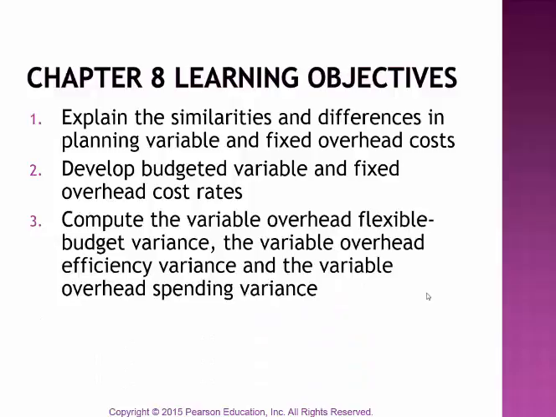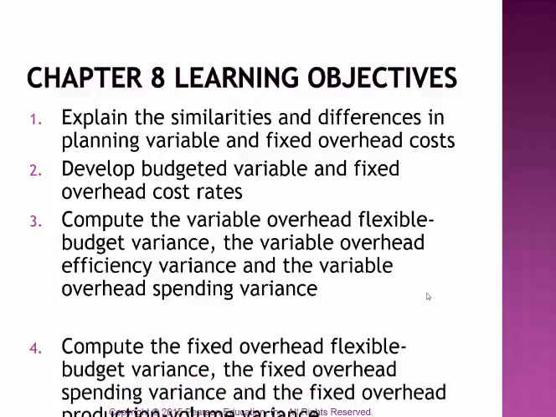We are going to compute, once we know these rates, the variable overhead flexible budget numbers, and then of course compare those to our actual results, and therefore we can compute the variable overhead flexible budget variance, which can be broken down further into the variable overhead efficiency variance and the variable overhead spending variance.